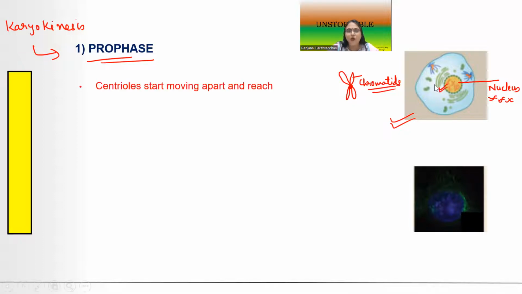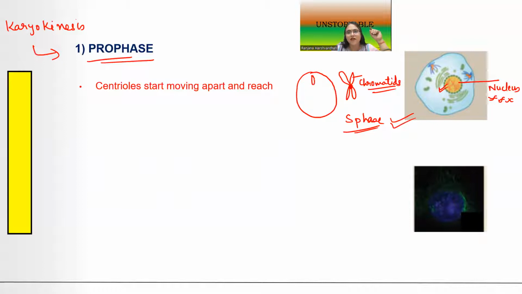Okay, so then we had also said that in the S phase, we had duplicated the DNA and we had also duplicated the centrioles. So those duplicated centrioles which we had made in the S phase of the interphase, they actually begin to move to the two poles of the cell.